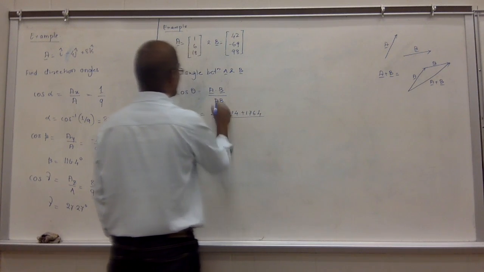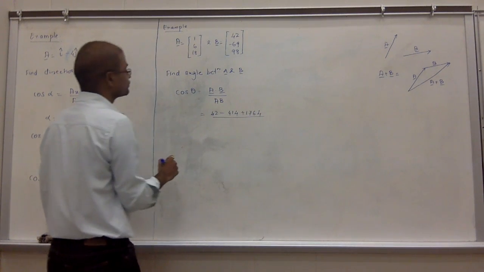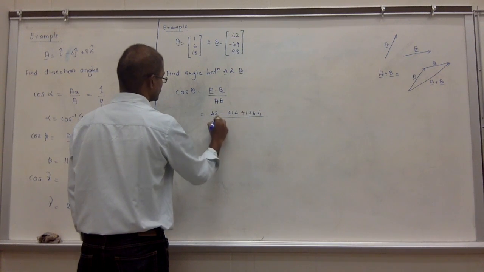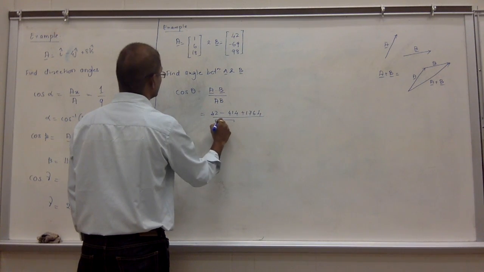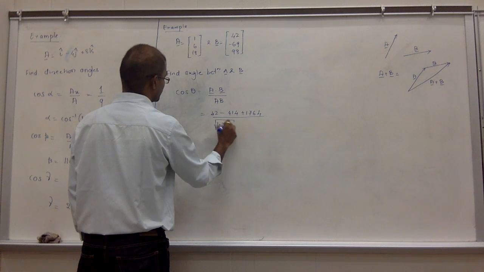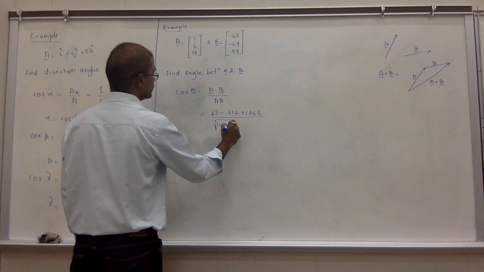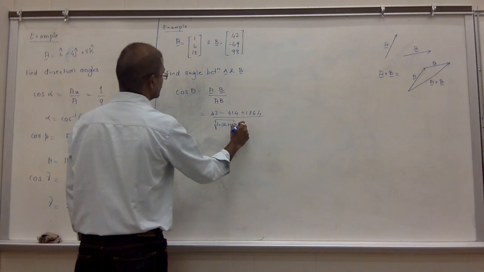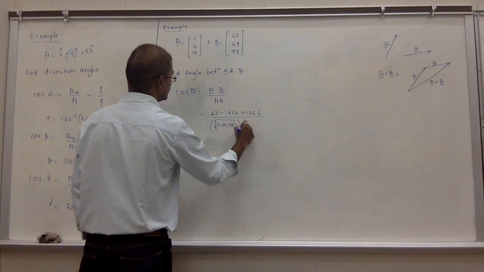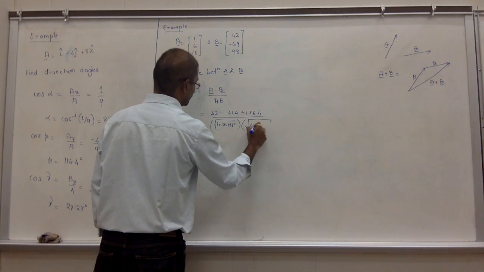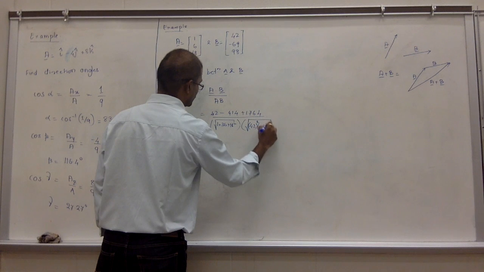Divided by AB. So you have the square root of 1 plus 36 plus 18 squared, into the square root of 42 minus 59.